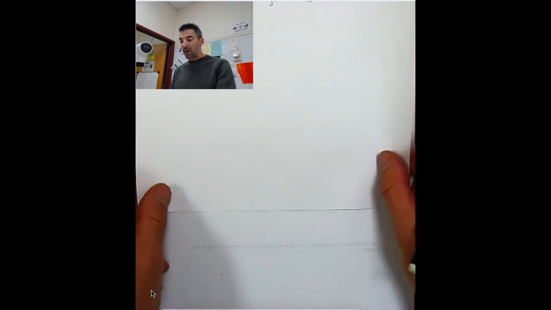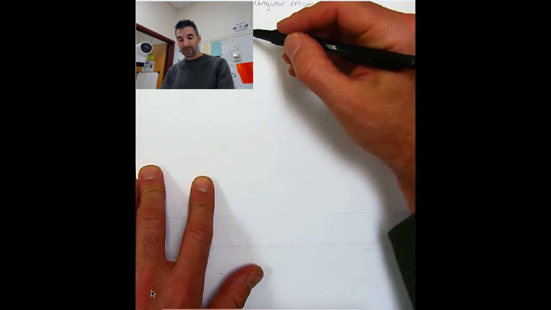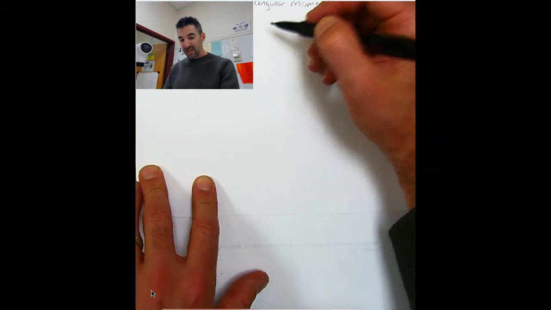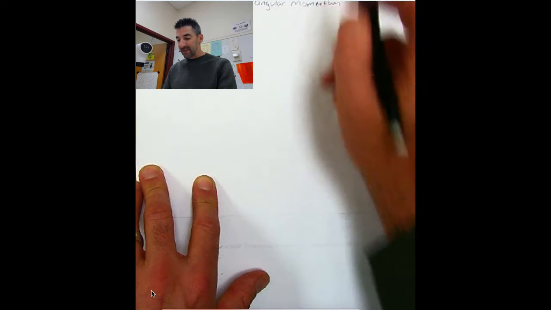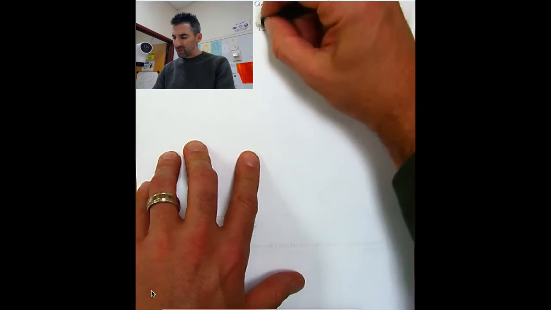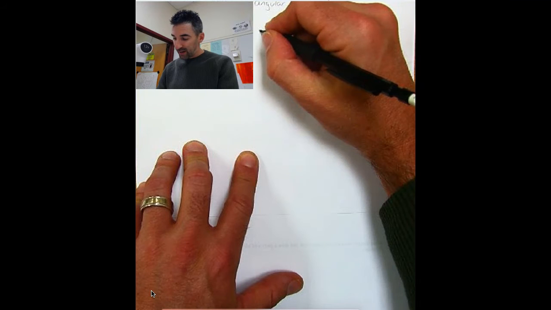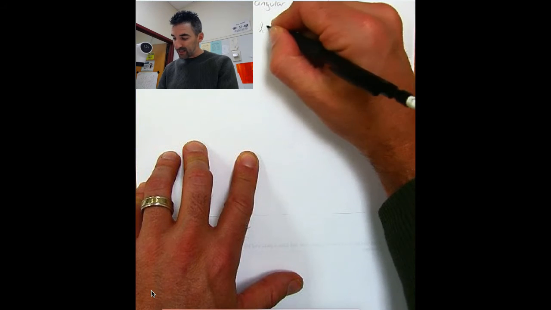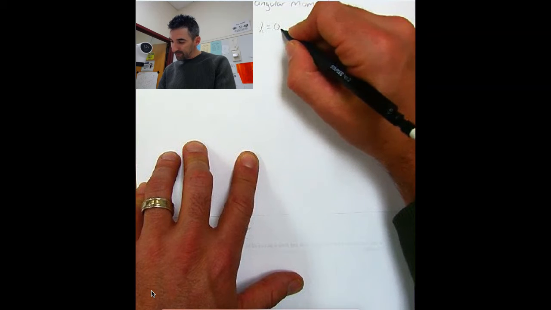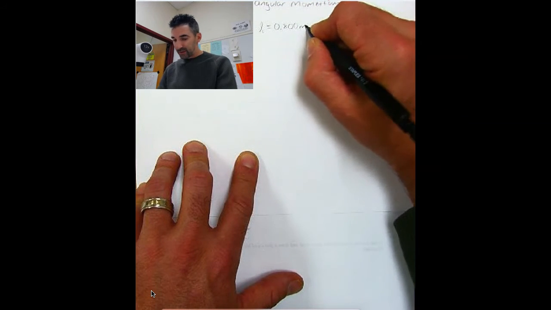So what are the things I know from this problem? Hopefully you start listing some variables. The things that I know: I was given the length of the rod. I don't want to use a capital L because that's our angular momentum, so I'm going to say the length of the rod is a script L, and the length of the rod was 0.800 meters.